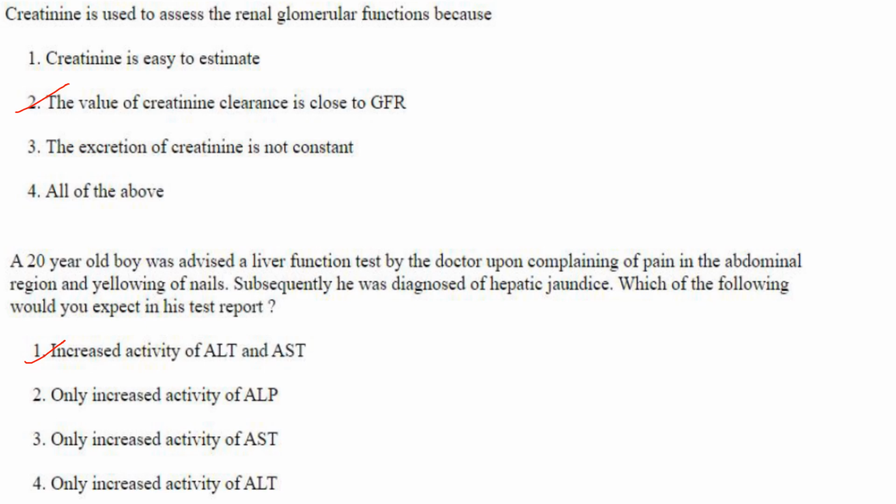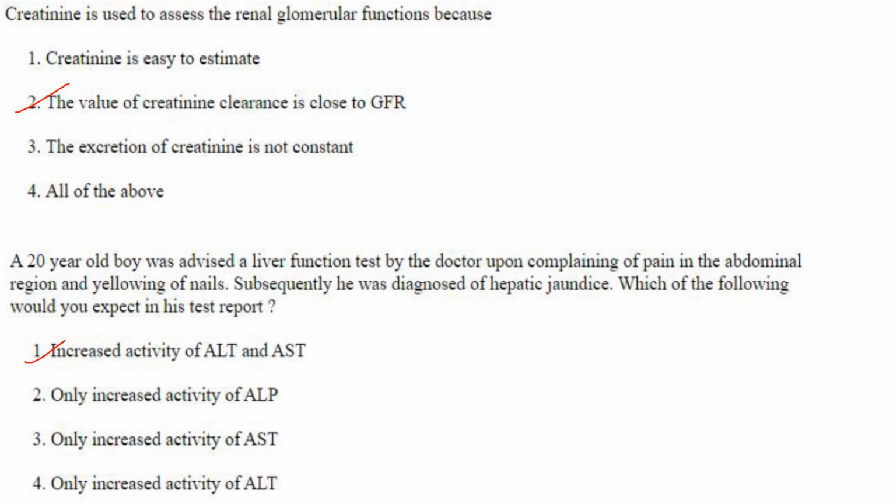Subsequently, after all the tests and analysis of the test results, he was diagnosed with hepatic jaundice. Which of the following would you expect in his test report? Increased activity of ALT and AST. That is the right answer.